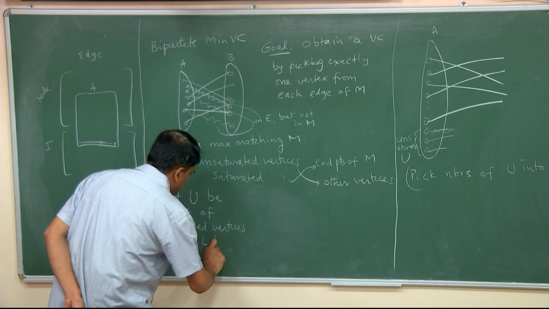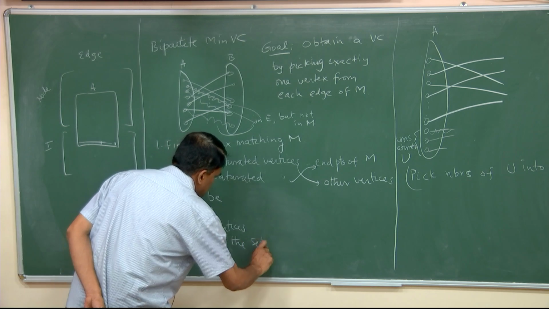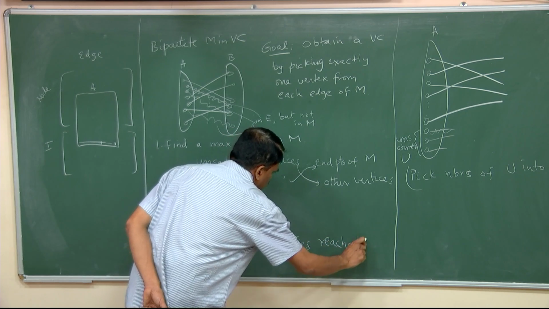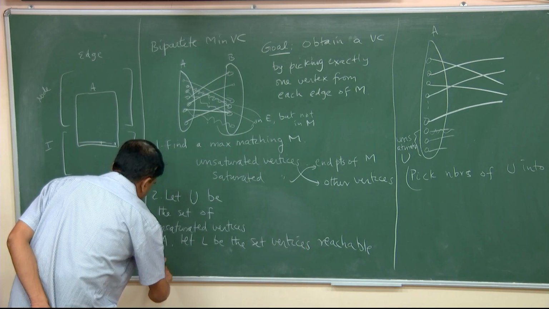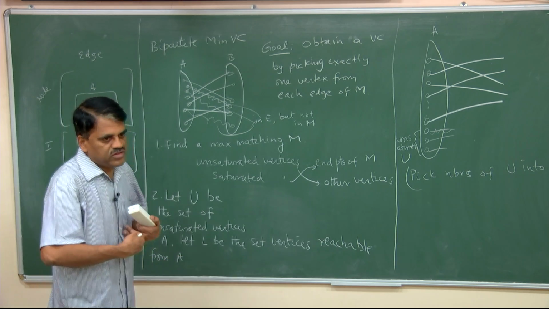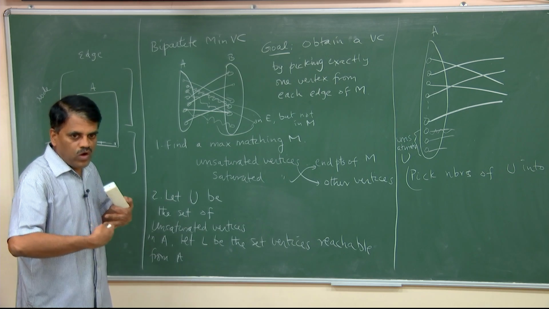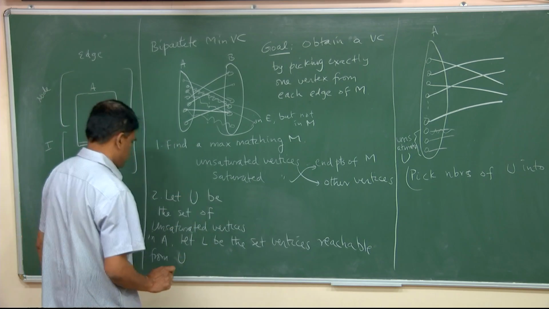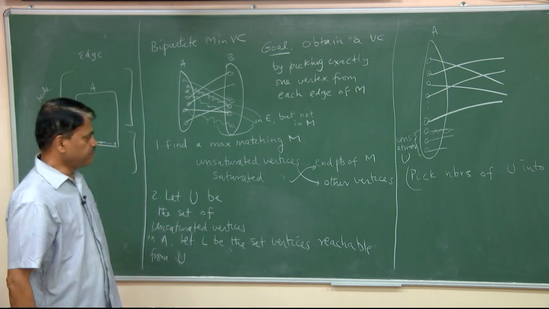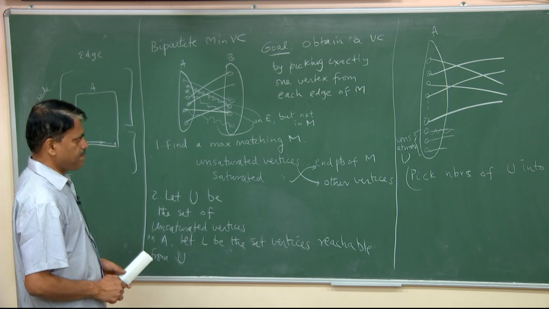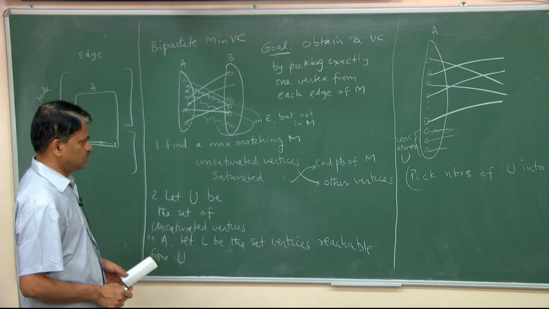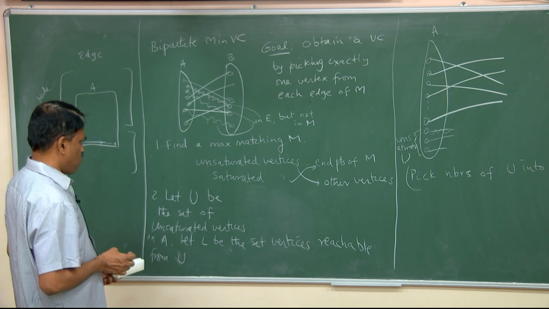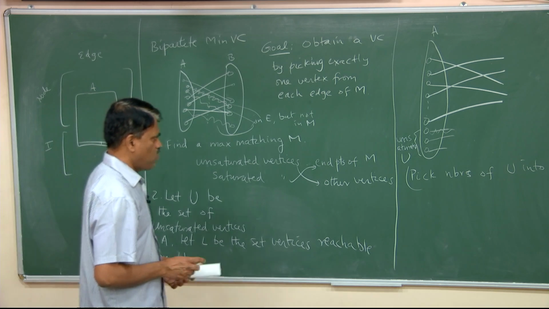And let L be the set of vertices reachable from U. So I do some sort of a breadth first search starting at the unsaturated vertices, and look at all vertices reachable from these. Okay.